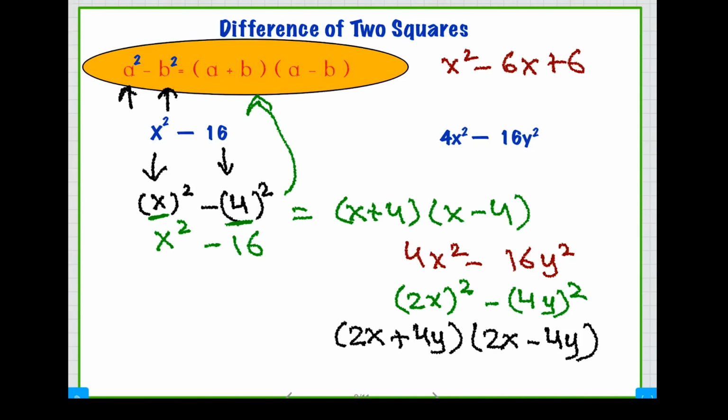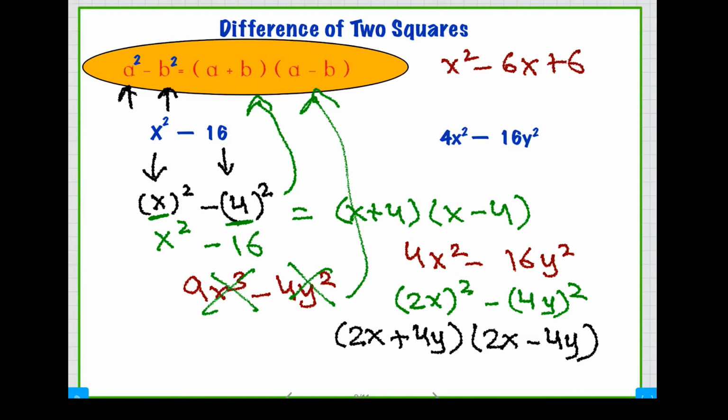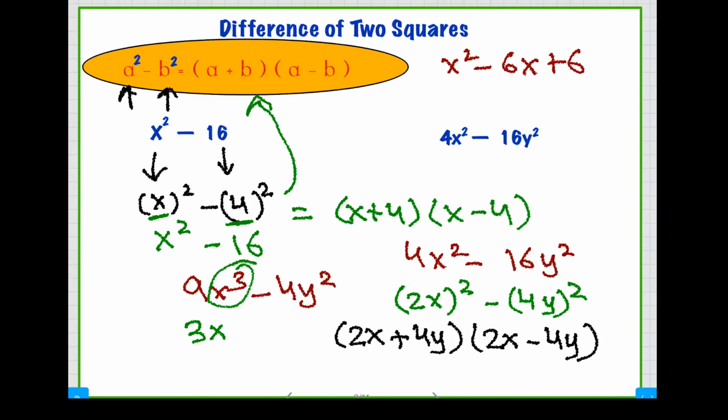So please remember, there are two things you need to keep in mind. First is to arrange it into this form. If you cannot arrange it, let's say I've got 9x cubed minus 4y squared, I cannot do this using the a squared minus b squared method. The reason is I can write the 9 in square form as 3 squared, but I cannot do that for the x cubed.